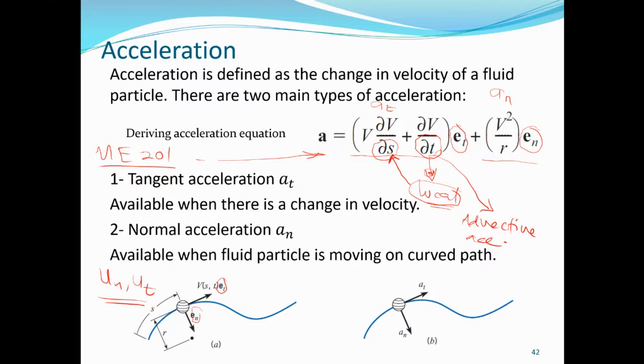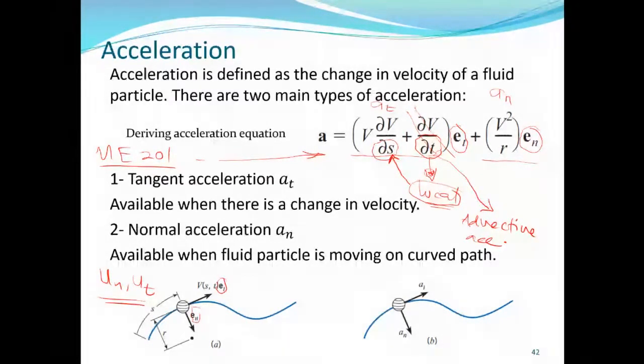This has time as the variable, and for steady flow this term will be 0 because the velocity does not change with time. For steady flow, I already explained what steady flow is, but I still want to emphasize one thing.